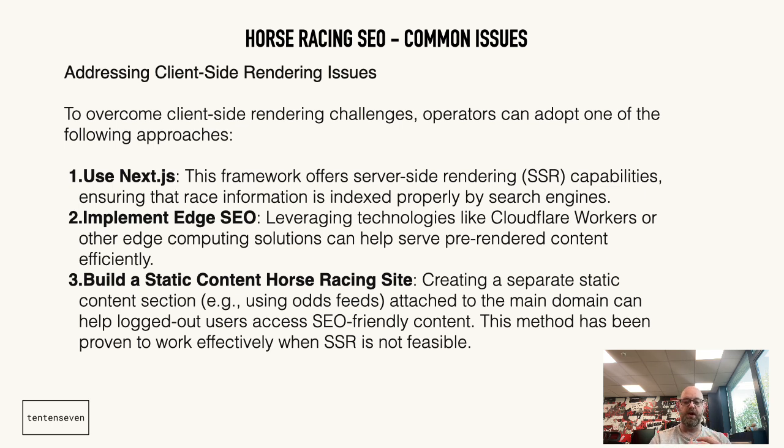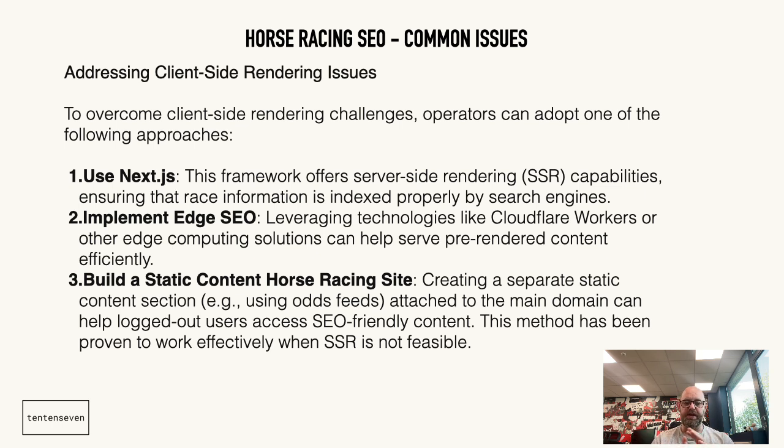Another approach that is probably the most implementable across all sportsbooks is build a static content horse racing site. So basically you handle the evergreen pages that are rendered server side for logged out users, and you can balance that with what you want logged in users to see.